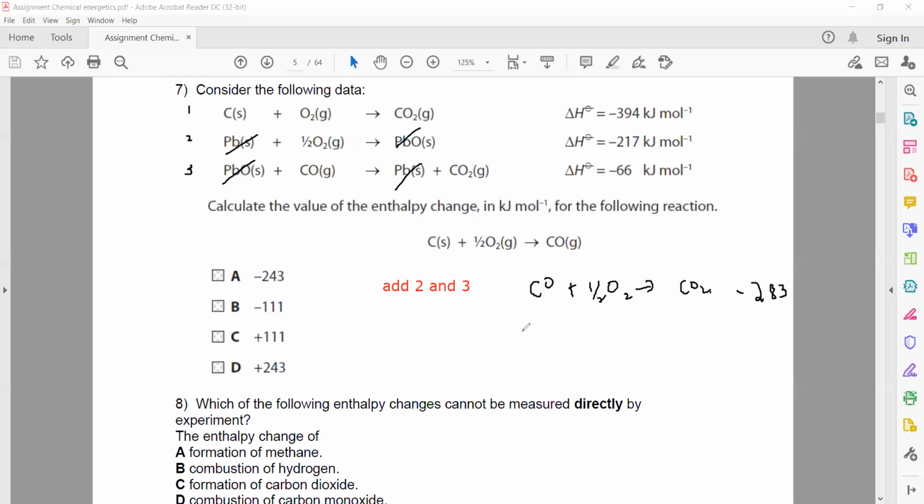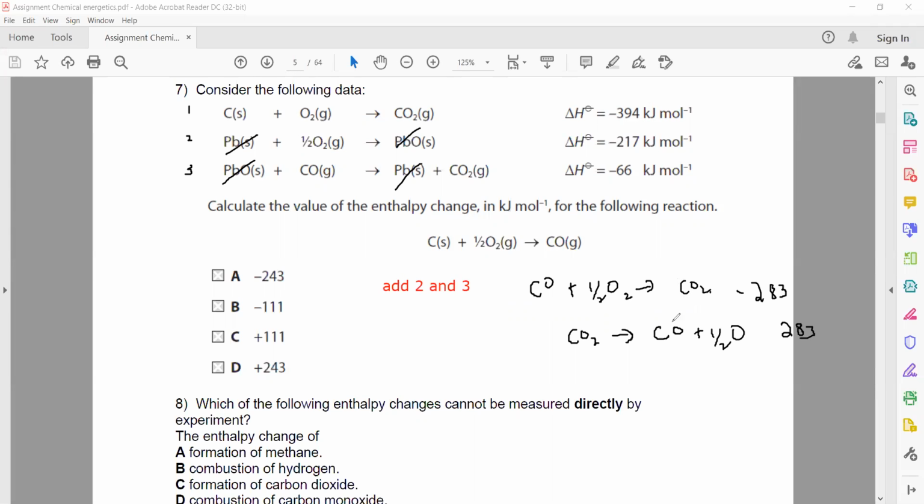Now subtract this from equation 1, or I can rearrange and add, because I want to remove the carbon dioxide. So if I rearrange this equation, if I completely change the reactant with product, I can say carbon dioxide gives carbon monoxide plus half oxygen, and the value will also change, it will be 283, because I completely flip the reactant with product.